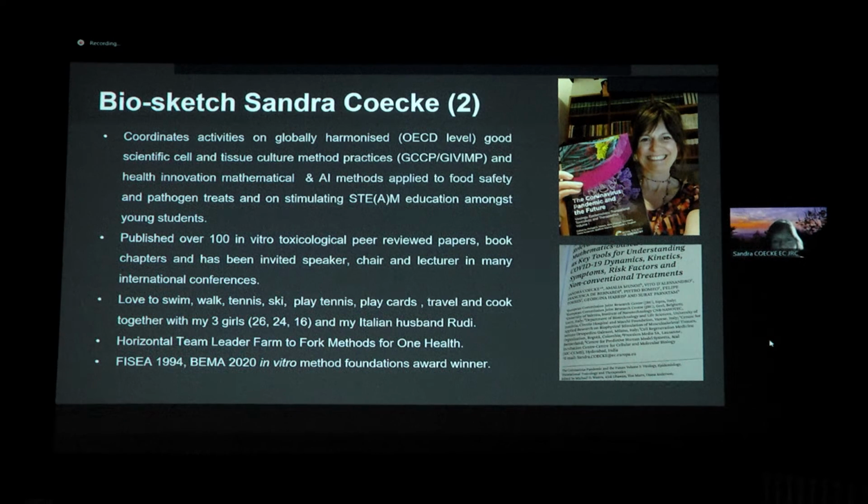So basically, my whole life, I think I've been working to use these next generation systems biology methods to better be prepared and to better respond to health crises, to new diseases, but also to better understand toxicology. And I show on this slide that actually I'm a mom of 3 girls.